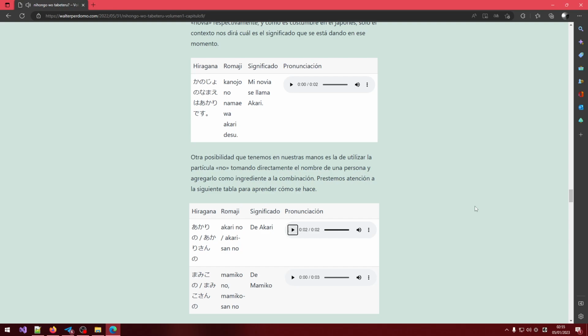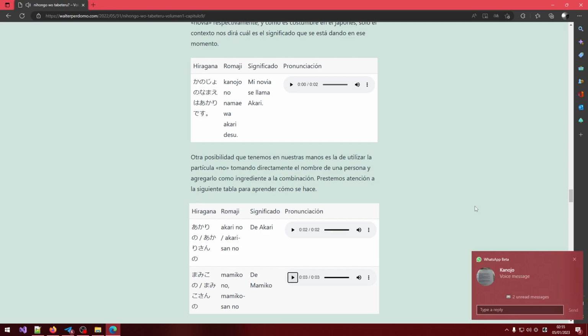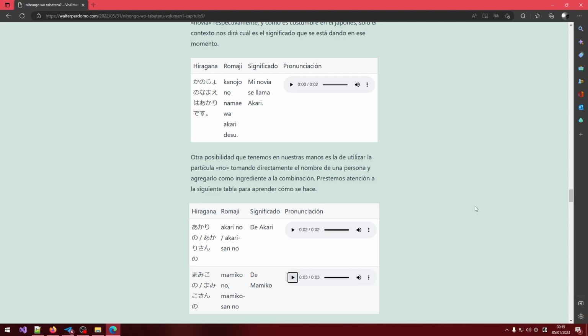Akari no, Akari-san no, and this is basically Akari's, something possessed by Akari. Let's take a look at this one: まみこの, まみこさんの. Mamiko no, Mamiko-san no, and basically this is like Mamiko's blah blah blah.